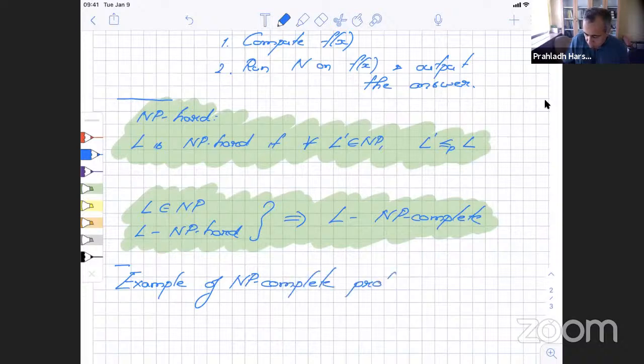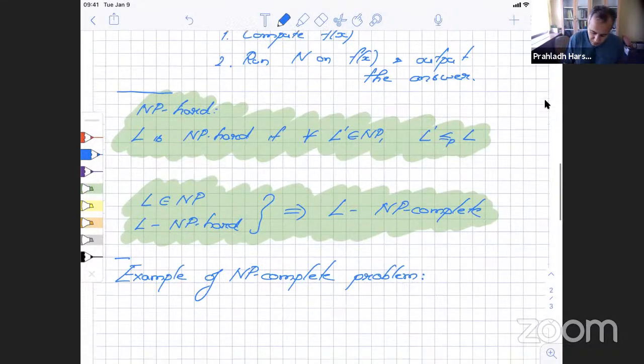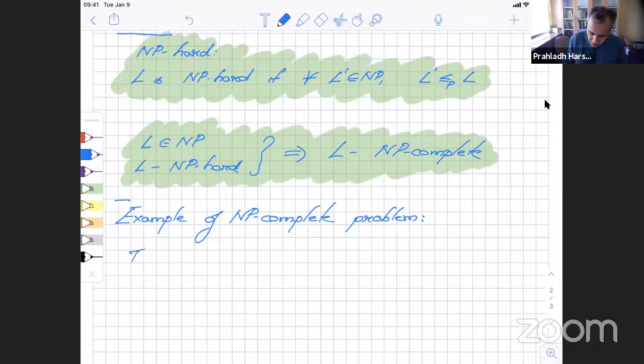Any questions so far? An example of an NP complete problem is what I will call Turing machine satisfiability. What are the instances of this problem? The instance is a 4-tuple. The first is a description of a non-deterministic Turing machine alpha. Next is an input x, an input length bound n, and a time bound t.